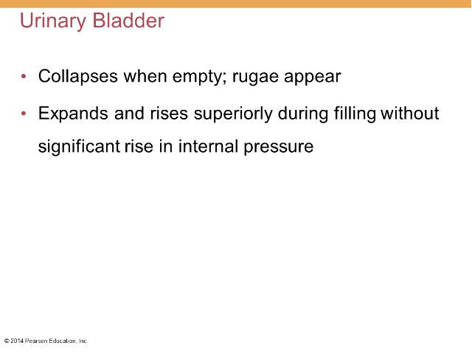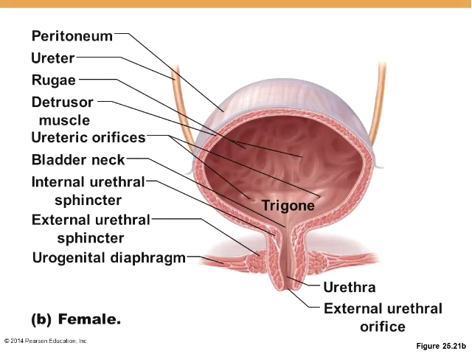Now the urinary bladder collapses when it's empty, and the inside layer has these roughened areas they call rugae, unlike the stomach. It expands and rises superiorly during filling without significant rise in internal pressure. The pressure doesn't really increase. So let's look at a bladder here.